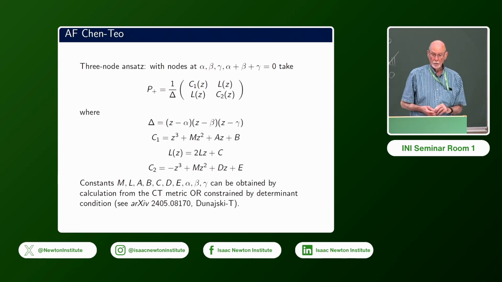And the idea is, it doesn't look as though it forces Chen-Teo on you. It seems to have one more parameter. So on the face of it, there's another solution with another parameter. So this is where Chen-Teo sits, but maybe there's some more stuff as well.